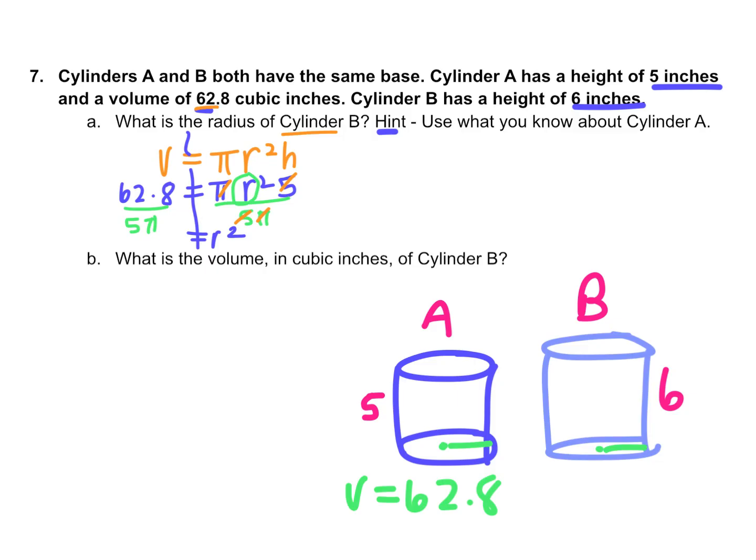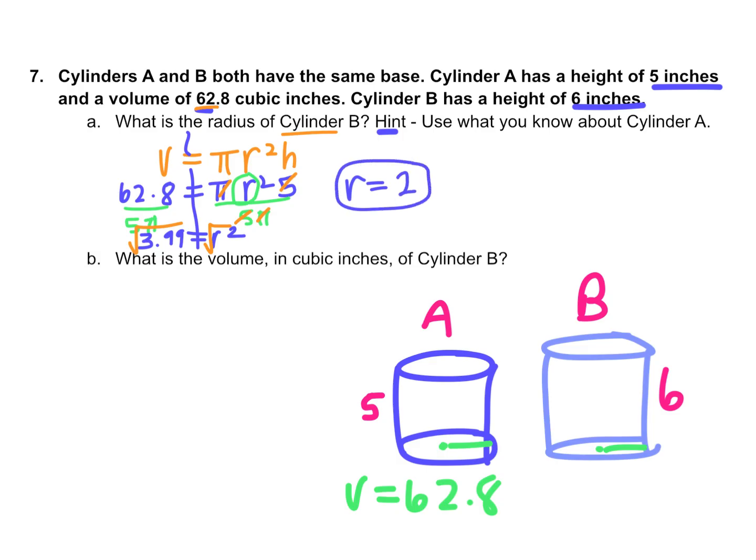Now if I do 62.8 divided by 5 and divide that by pi, I'm going to get 3.99, and it just keeps going. So it's almost 4. So r squared is 4. Then if I take the square root of that to get r by itself, the radius will be 2.